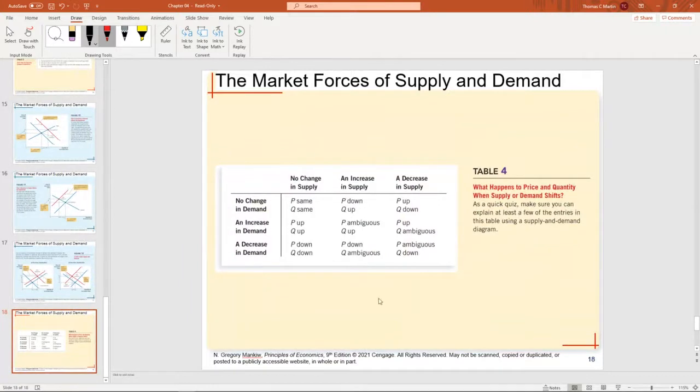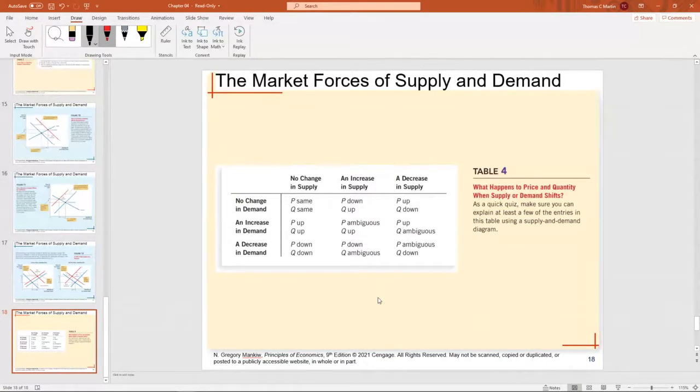Here's that relationship I told you about. There's no change in demand and no change in supply. P and Q are the same. There's no change in demand and an increase in supply. P will go down, Q will go up. Decrease in supply, P will go up, Q will go down. So it's saying no change in demand.